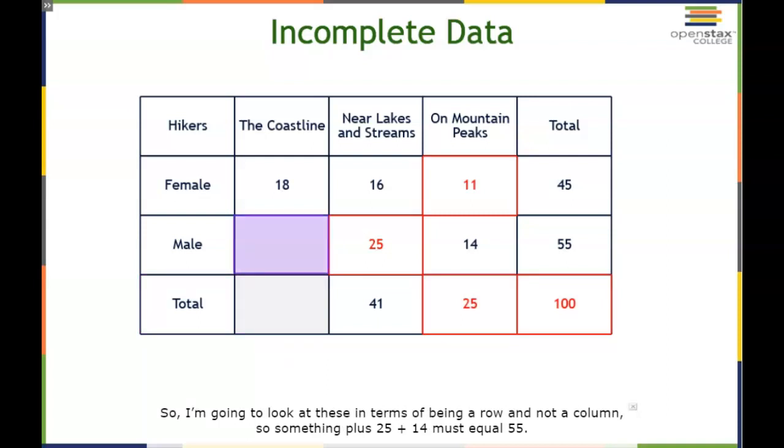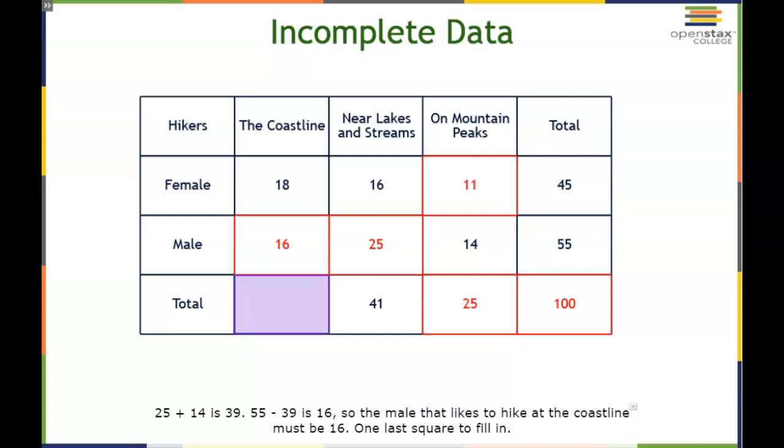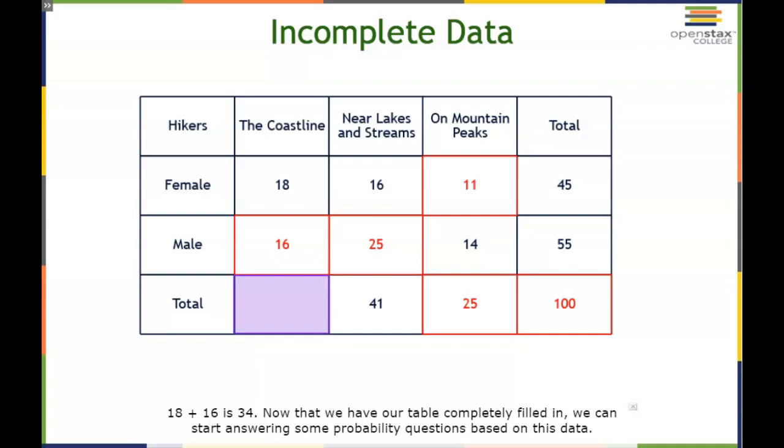So something plus 25 plus 14 must equal 55. 25 plus 14 is 39. 55 minus 39 is 16. So the male that likes to hike at the coastline must be 16. One last square to fill in. 18 plus 16 is 34.